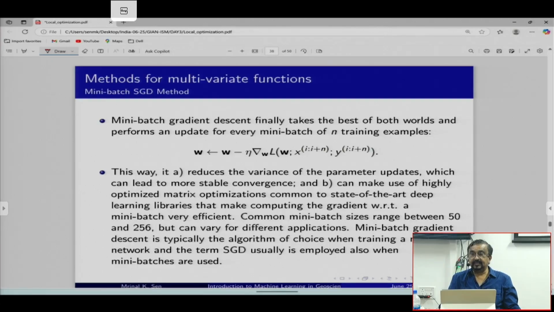You can say that I will take batches of, say, 1,000. And it turns out that with that kind of sample, if it's chosen properly, you can get a very good estimate of the gradient. So mini batch simply means using small batches of the data at a time to compute the gradient. And obviously, you need less memory and it's less compute expensive, right? So this is one method.